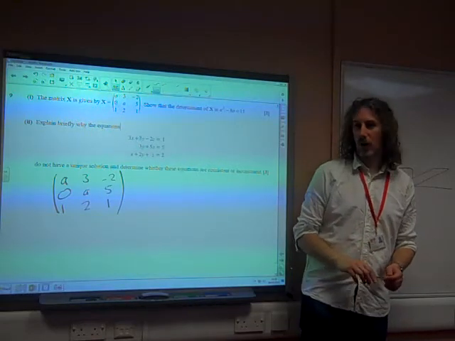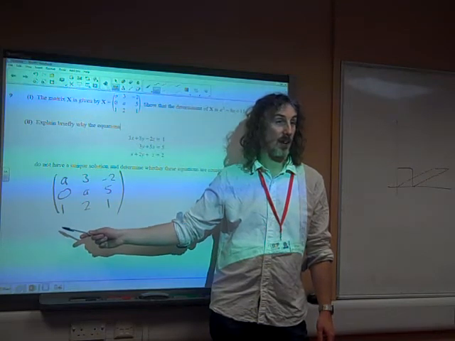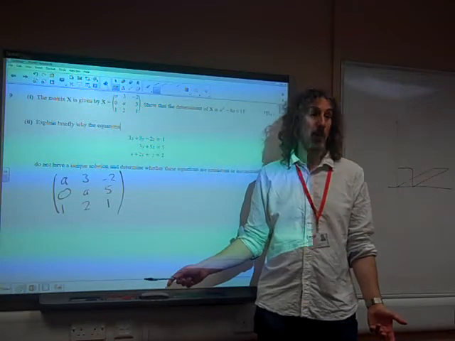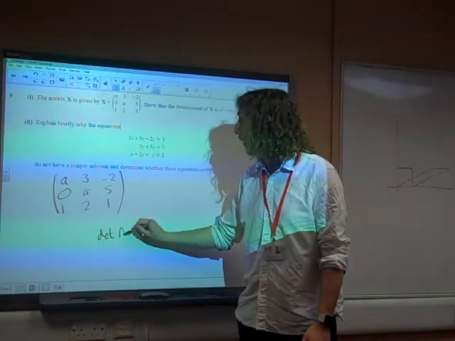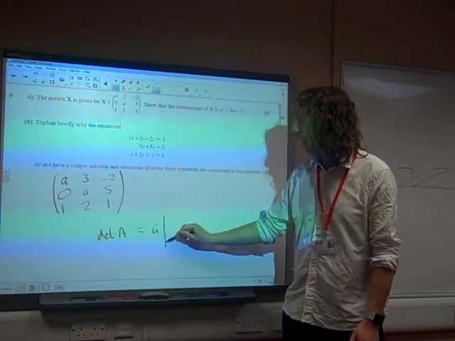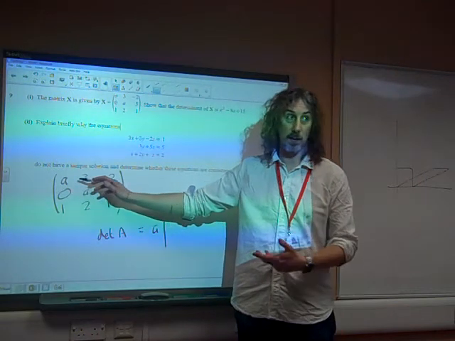In this case, because that first column has a 0 in it, the calculation is slightly easier if we choose the first column to go with. It's not a big deal. I'm going to do a times the minor determinant. They gave you a bit of space, so I'm going to write this out to make it really clear.